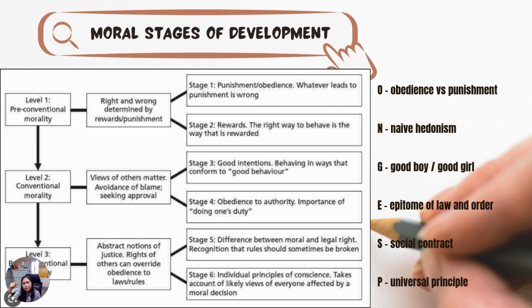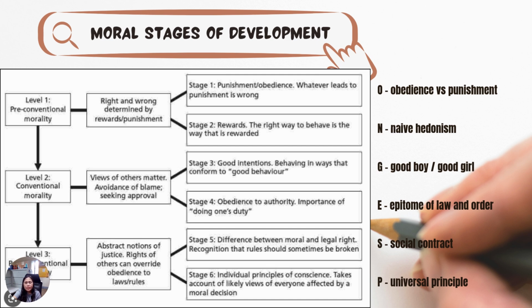So there are times that we might be in obedience versus punishment. We might be acting out from sub-stage two, which is hedonism. We might be in the good boy, good girl stage, or in just the epitome of law and order.